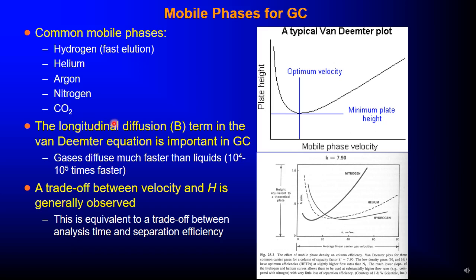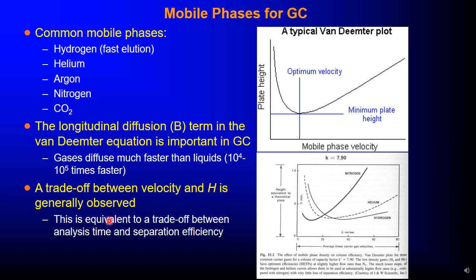Okay, then we have the longitudinal diffusion. That one now as we are talking of the Van Deemter curve. The term in the Van Deemter equation is very important in gas chromatography. So gases diffuse much faster than liquids. So longitudinal diffusion is something that you need to really regulate. So a trade-off between velocity and plate height is generally observed.